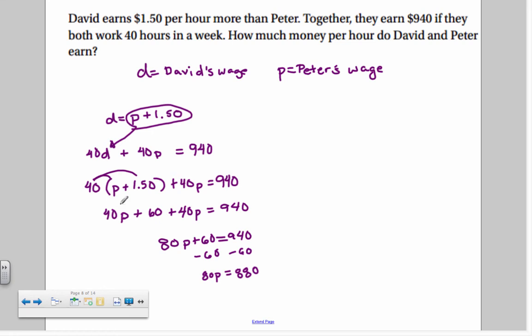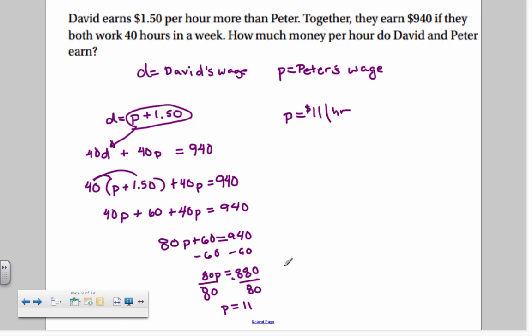Final step, divide by 80. So 80, we can think about this as being 88 divided by 8 because our zeros are the same. And so 88 divided by 8 is 11. So I know that Peter earns now $11 per hour. So I can say P is equal to $11 per hour.